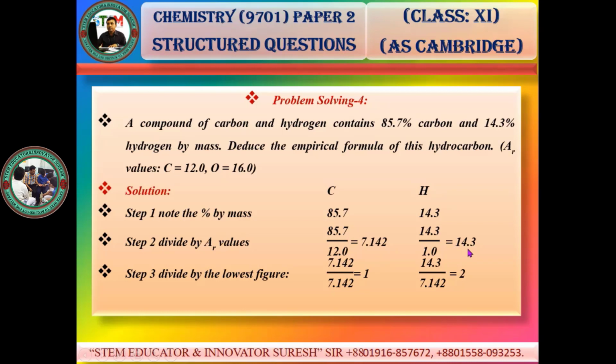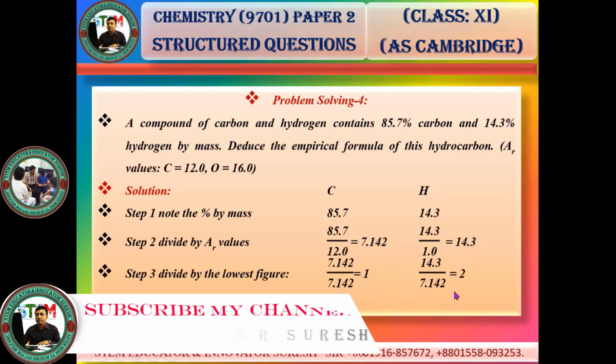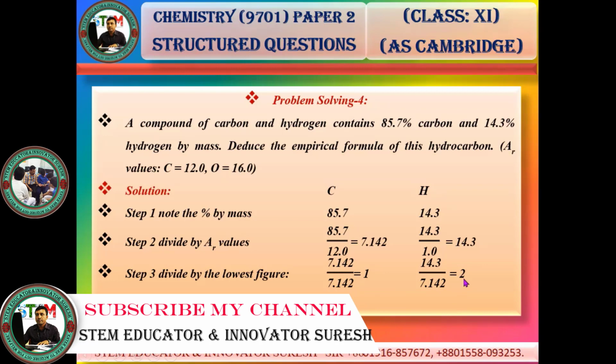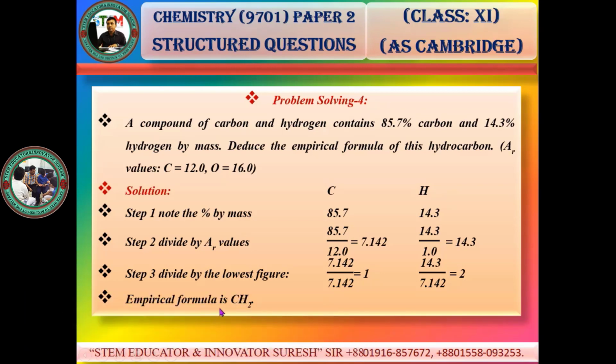Between these two quotients, 7.14 is the smallest one. Dividing each quotient by this smallest value, we get 1 for carbon and about 2 for hydrogen. Always convert the quotient into the nearest whole number. Nearest whole number here is 2. Now the empirical formula of this compound is CH2.